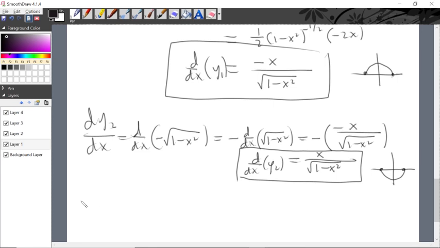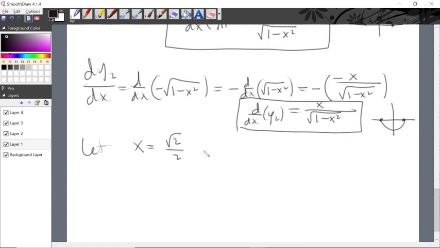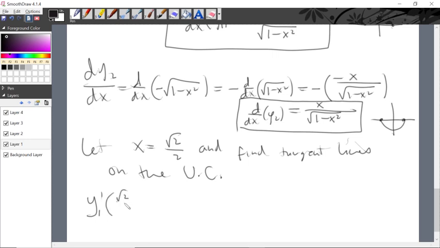Okay, let's let x equal something like the square root of 2 over 2 and find the tangent line equations on the unit circle. So let's say we have y1 prime evaluated at root 2 over 2.